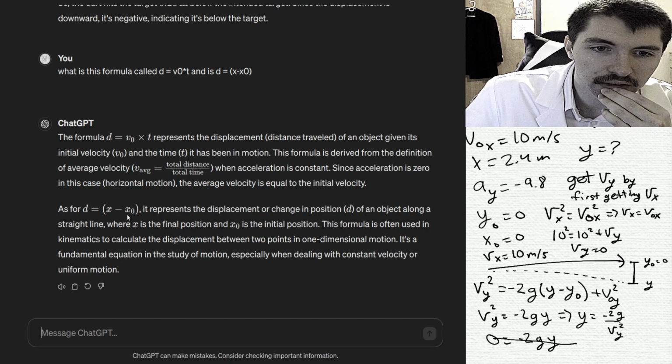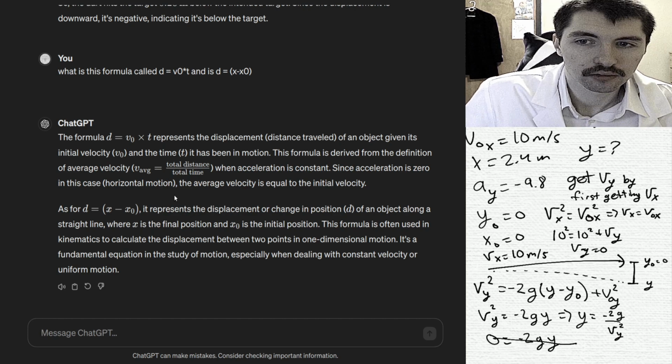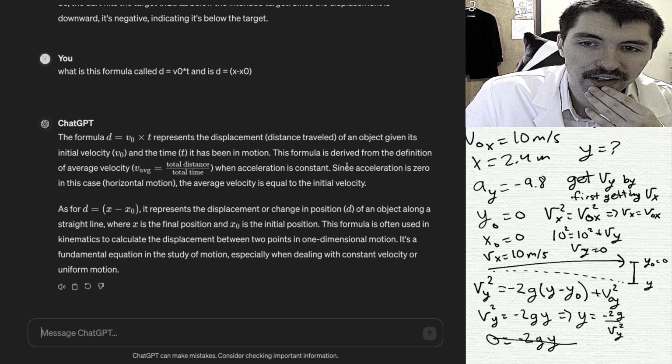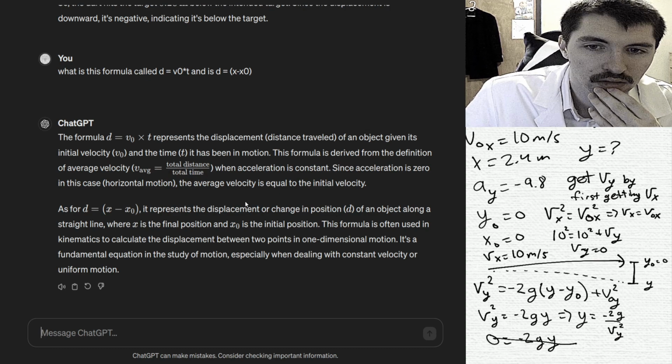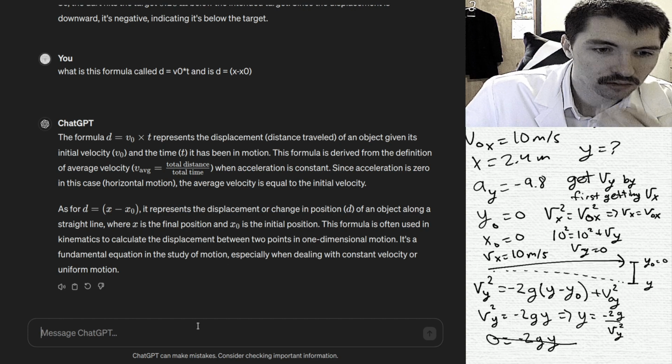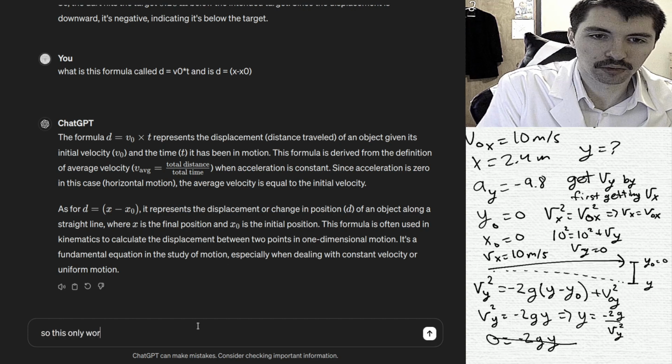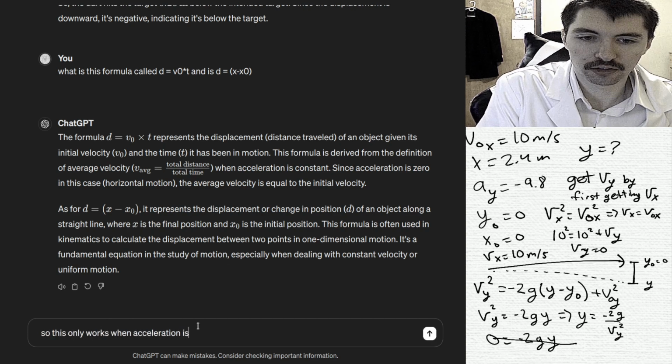Okay, so D is this. Okay. The formula is derived from the definition of average velocity. So this only works when acceleration is a constant.